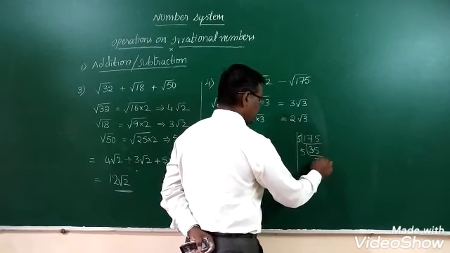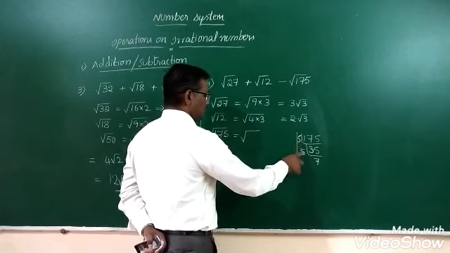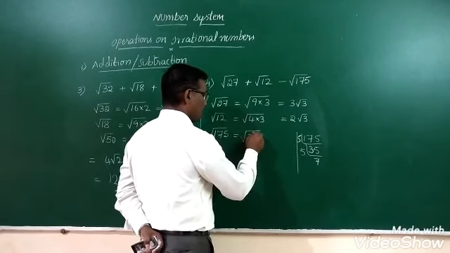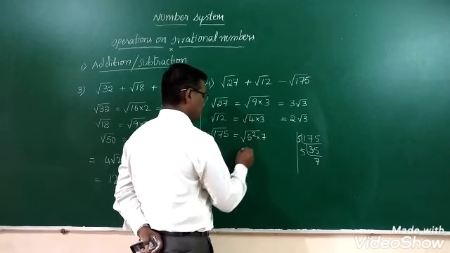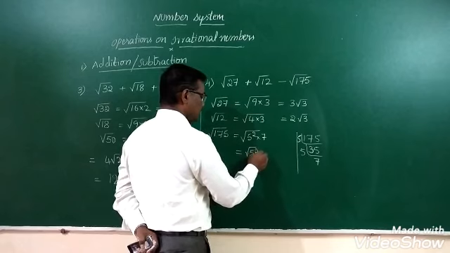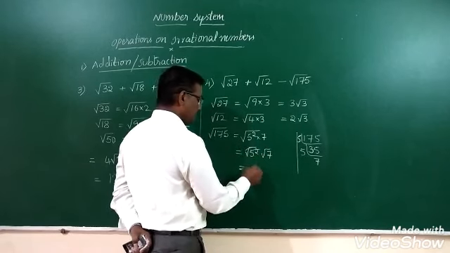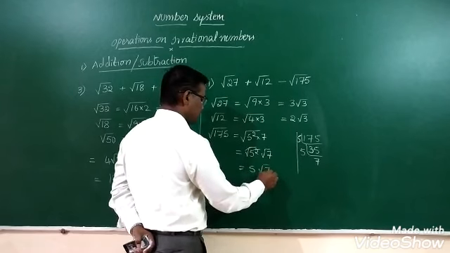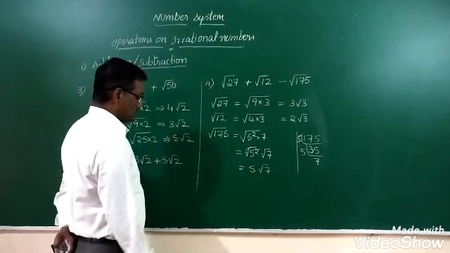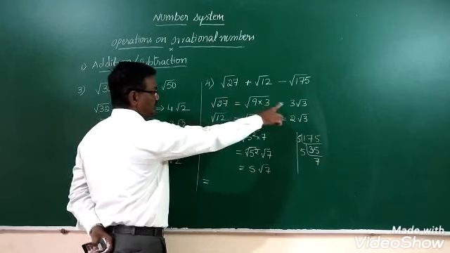Again here 5 7s. Now root 5 into 5, 5 square into 7. Root 5 square into root 7. Square and root cancel, 5 root 7. Is it clear?